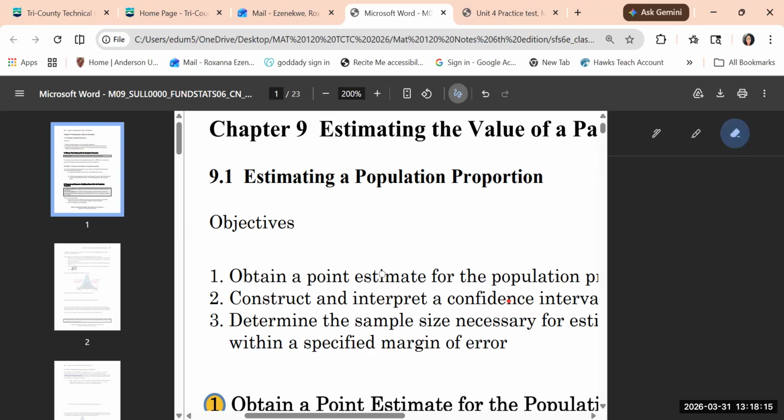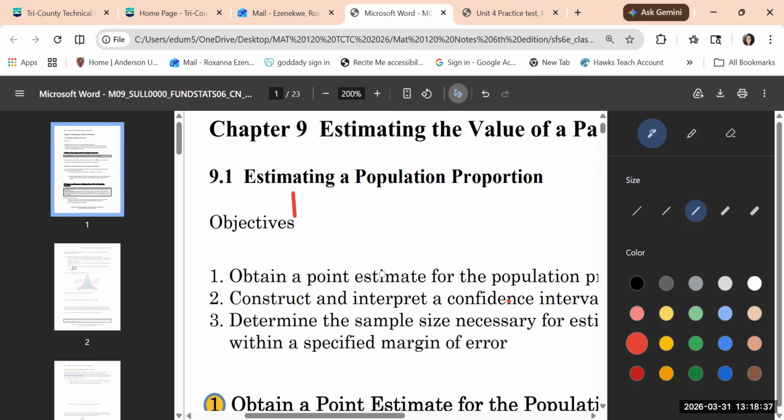But before we do that, there are conditions we need to talk about. What are the conditions for converting from binomial to normal? We met binomial in Unit 3. So there are conditions for converting from binomial to normal.